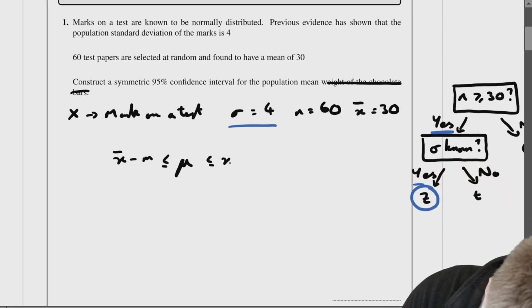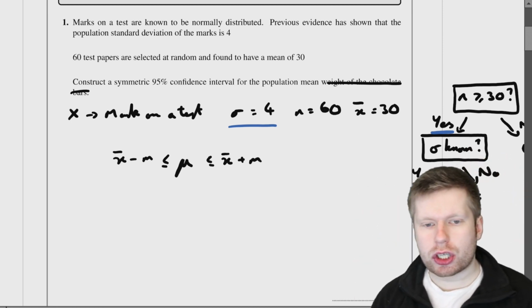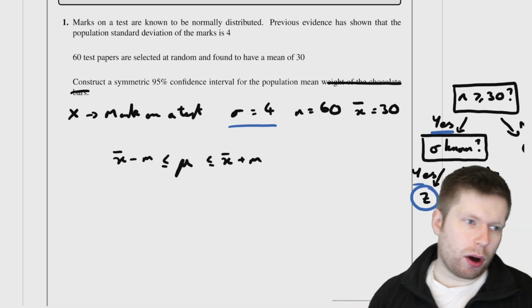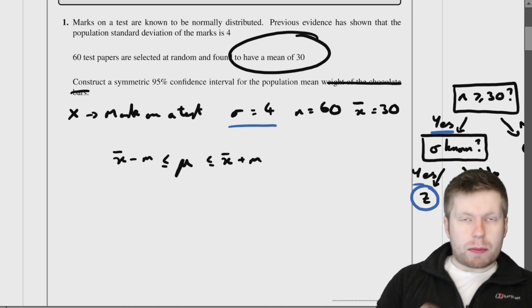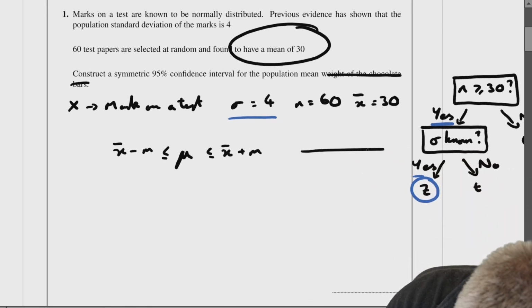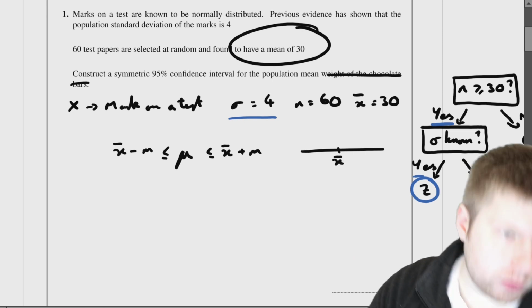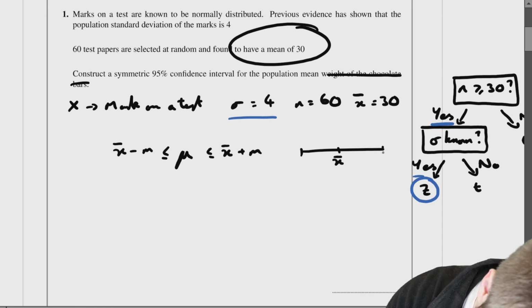And my upper bound should be if I add on that same margin of error, because it's got to be symmetric, so I've got to add and subtract the same margin of error each time from my sample mean mark. So I've got my sample mean, which is equal to 30, and then I'm going to add and subtract some margin of error to give a little bit of allowance in order to capture what the true population mean mark should be.